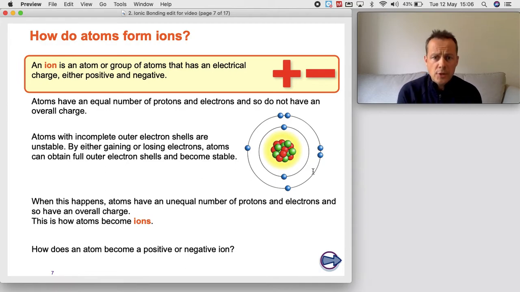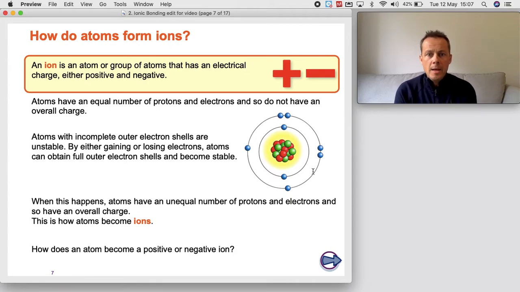So if we use this picture for an example, if we look here, we've got 2 electrons in the most inner shell, and then we've got 1, 2, 3, 4, 5, 6 electrons in the outer shell. So we know it's in group 6. Now that shell contains a maximum of 8 electrons. So is that a stable element? It's not, because it doesn't have a maximum number of electrons in its shell. It only has 6 and it needs to have 8.